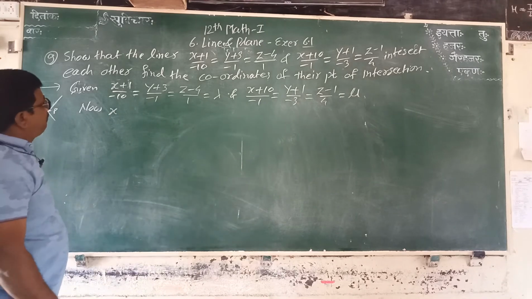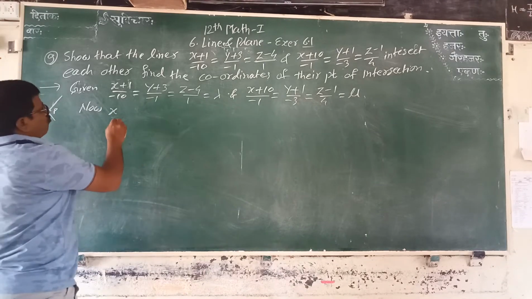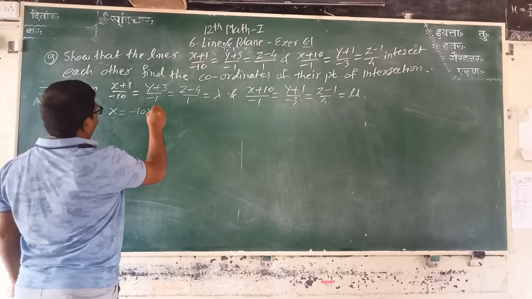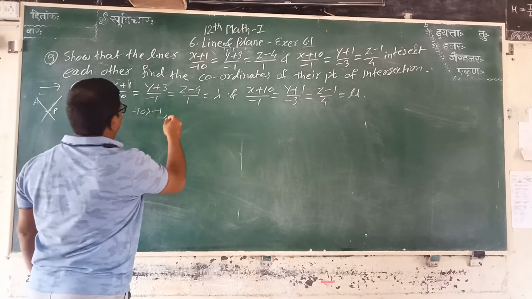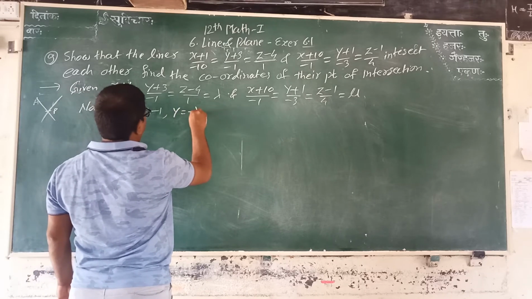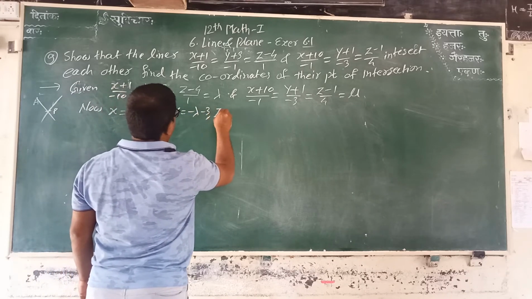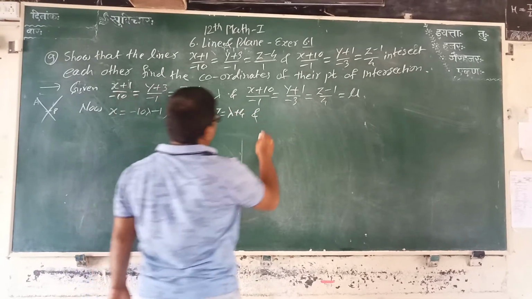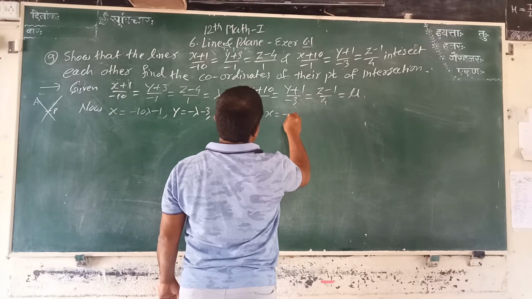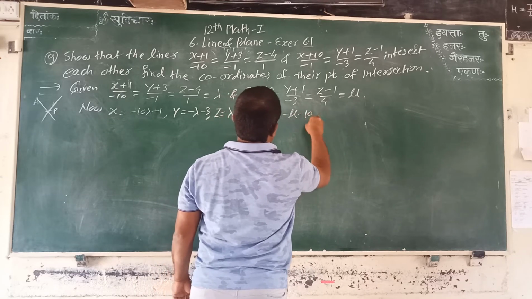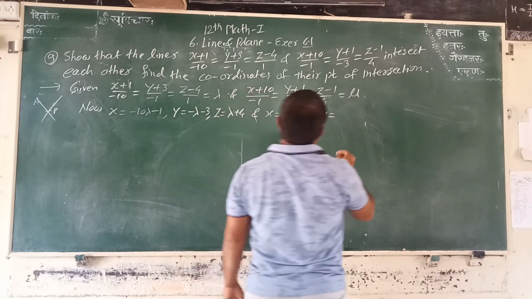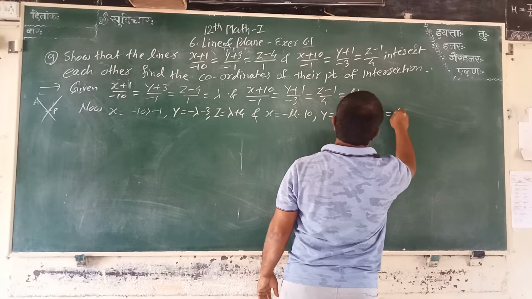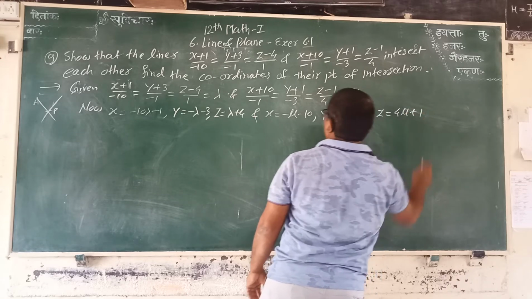Therefore, we take now x is equal to minus 10 lambda minus 1, y is equal to minus lambda minus 3, and z is equal to lambda plus 4, and x is equal to minus mu minus 10, y is equal to minus 3 mu minus 1, and z is equal to 4 mu plus 1.